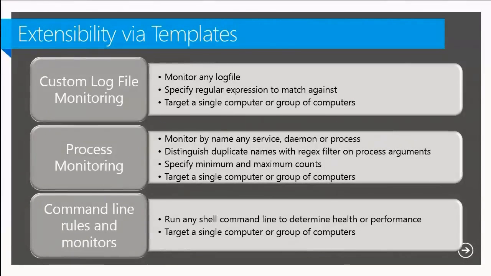So those aren't management pack templates, but those are in the authoring pane of the ops console. You can go create a new monitor, create a new rule, and select Unix, Linux, shell command, and put in your command. It can be a one-liner, it can be calling a script you have in the file system, and then you can build your expressions to parse the standard out or standard error to drive your monitor or rule. And we'll look at that in the demo.